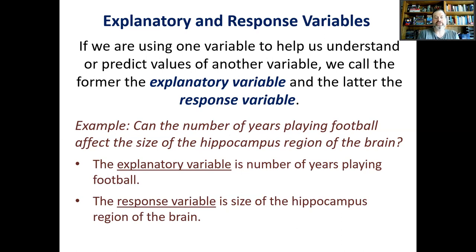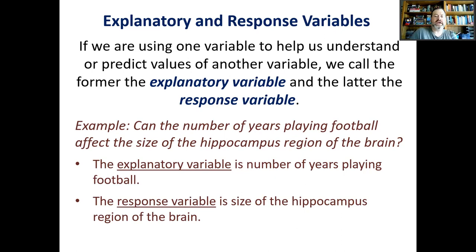The explanatory variable has to be the number of years playing football, because the idea would be that if there's an association between football and the size of the hippocampus region, it really only makes sense that playing football might somehow change the size of that region of the brain. It's not the other way around, right? Somebody's brain changing size doesn't make them go play football.